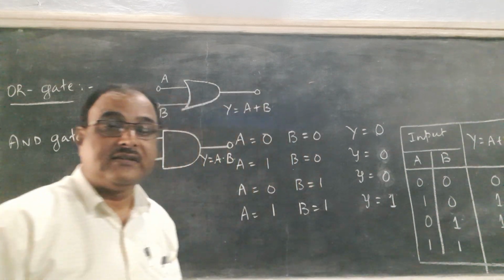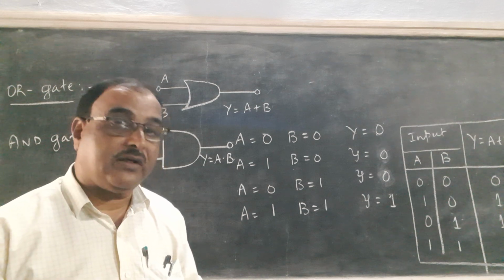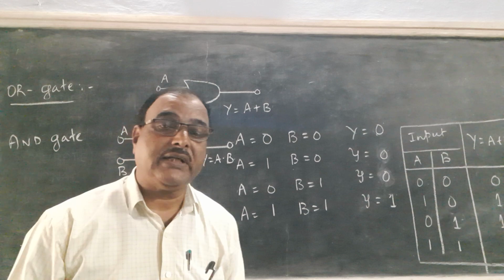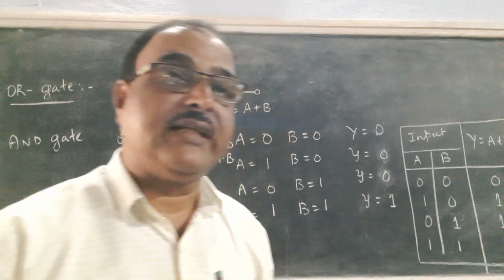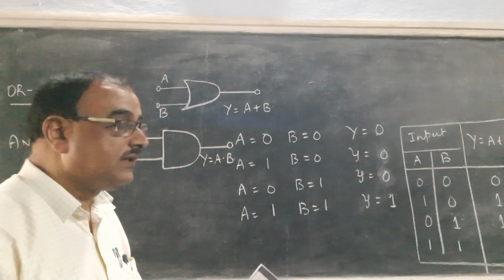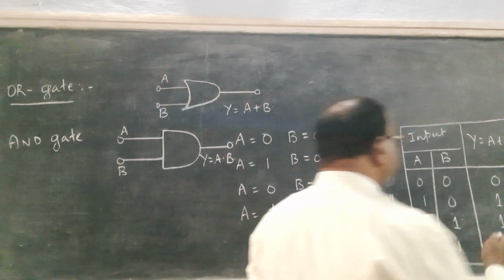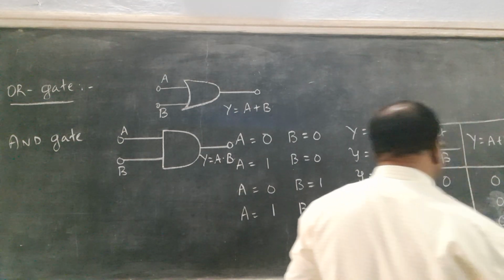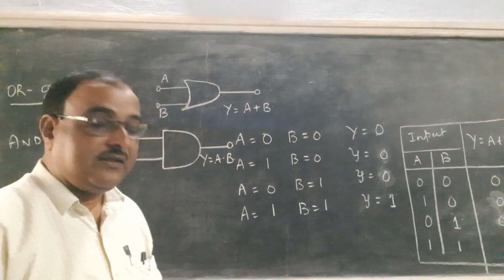So in this case, it performs the actual multiplication operation, and when both the inputs are high, then only the output is high, and in all other three cases, the output is low, right? So you can write the same thing in the form of the table. This is 0, this is 0 and 1, right?